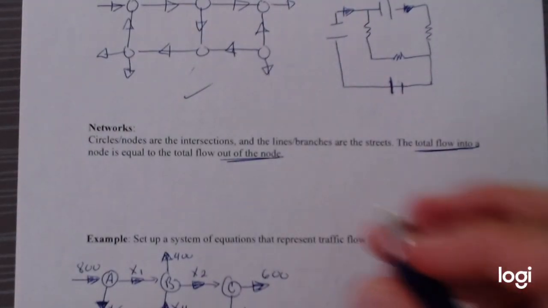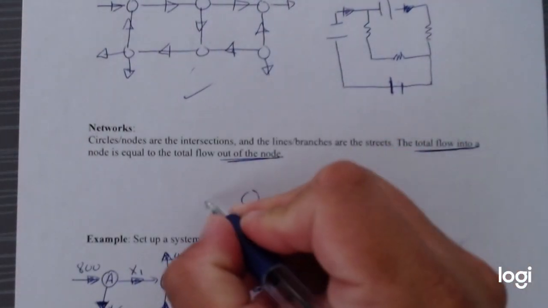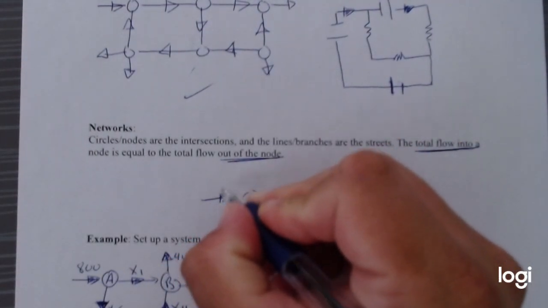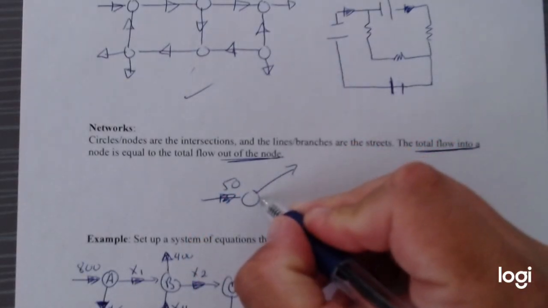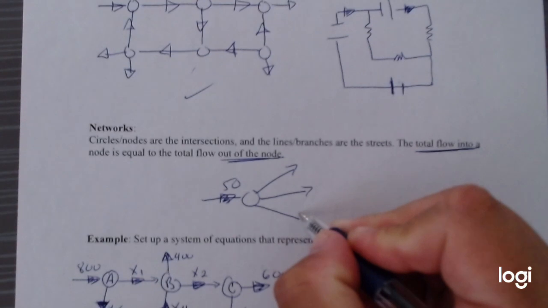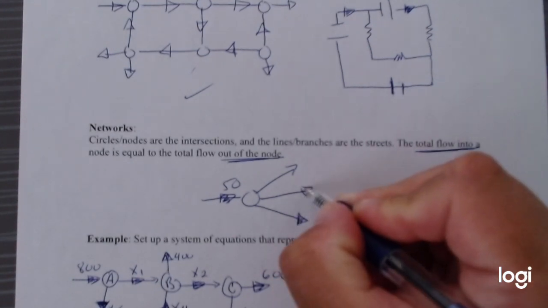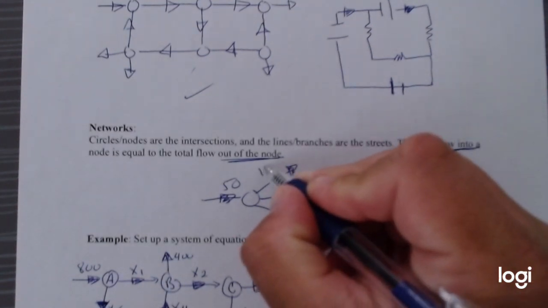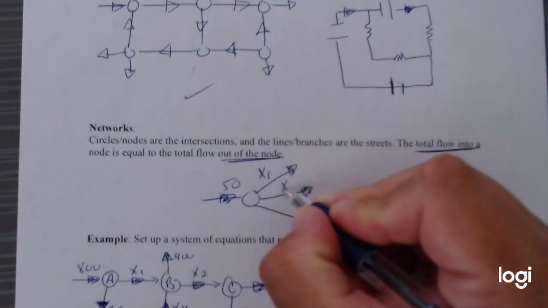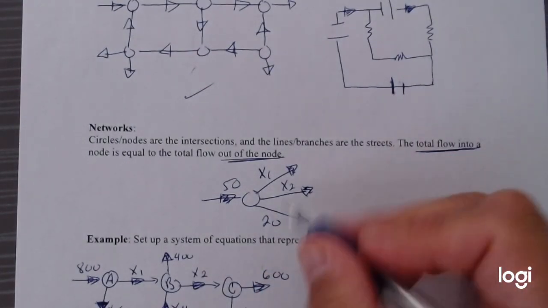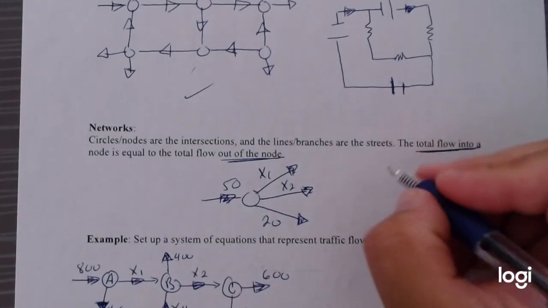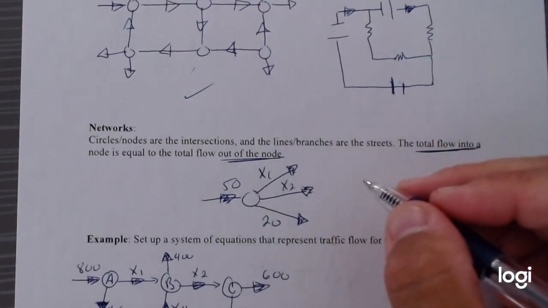For example, here's one node, and if I have 50 going in, and 20 going out, where let's say this is x1, x2, and this is 20. Therefore, I know just based off what in and out represents, 20 minus 50 is 30.